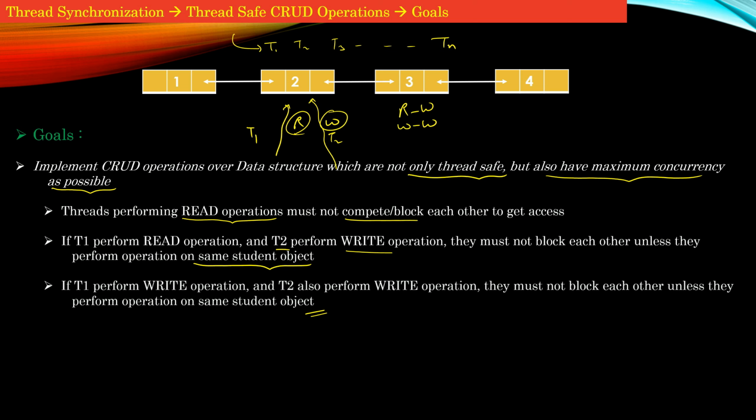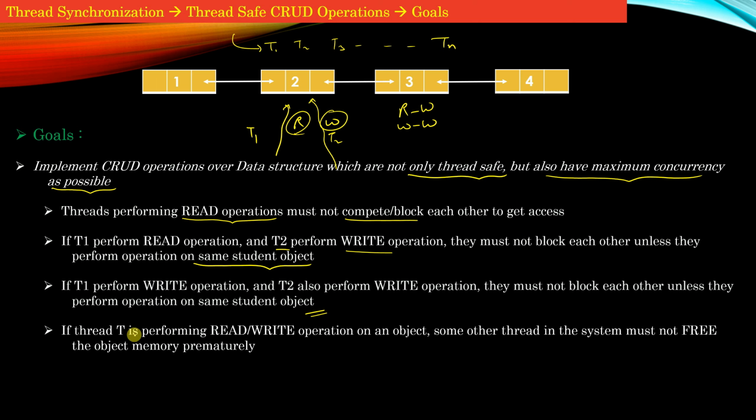Alright. The fourth point says that if the thread T is performing either a read or a write operation on an object, that is, on some student object in the linked list, some other thread in the system must not free the object memory prematurely.